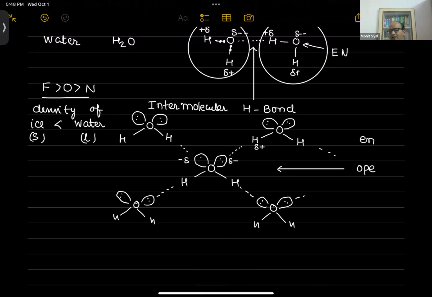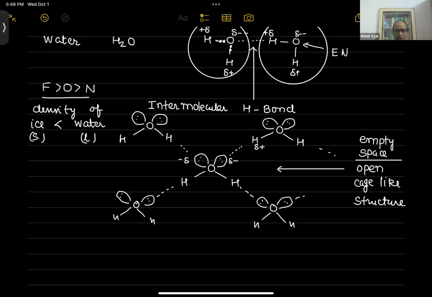A lot of empty spaces are there. It is known as an open cage-like structure.